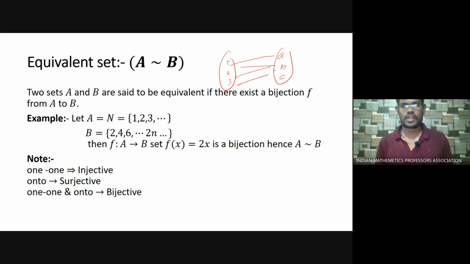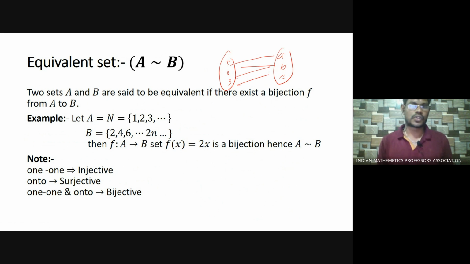If a bijection mapping exists from A to B, then that set is called an equivalent set. This is one of the important results for cracking problems.